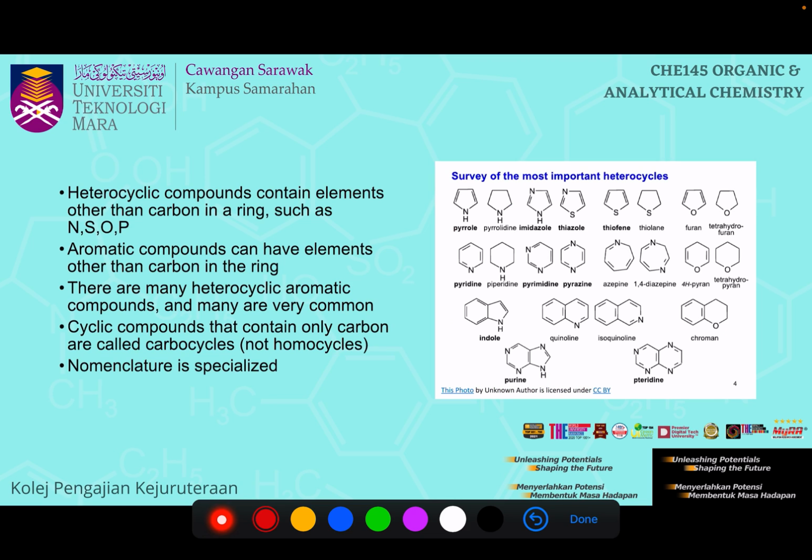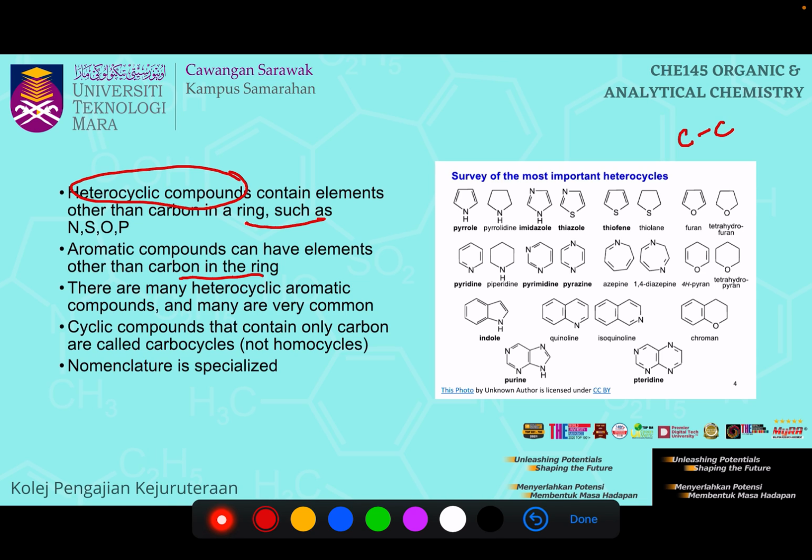Heterocyclic compounds contain elements other than carbon in a ring. Heterocyclic compounds are cyclic compounds that do not contain only carbon; they have another element like nitrogen, sulfur, oxygen, or phosphorus. Aromatic compounds can have elements other than carbon in the ring.